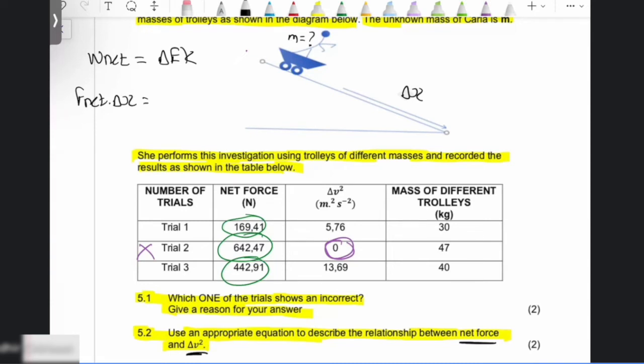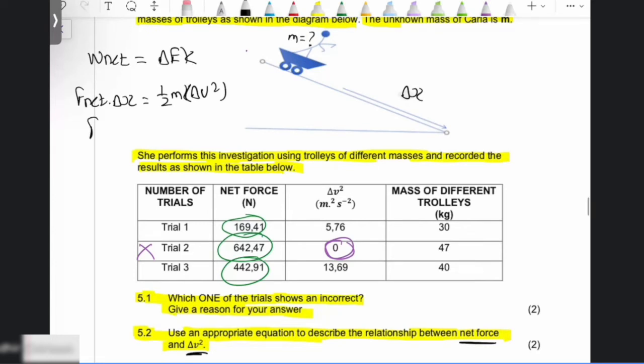EK is a half m times Vf squared minus Vi squared, which is delta V squared. Now all we have to do is make that the subject of the formula, and we are done.